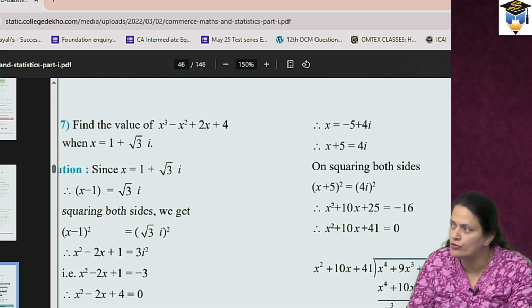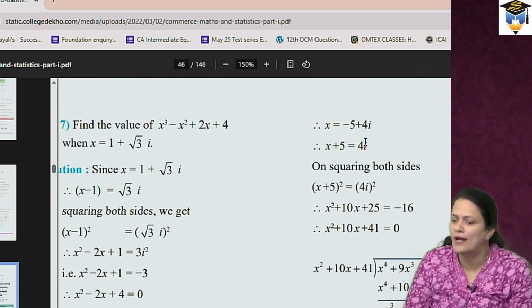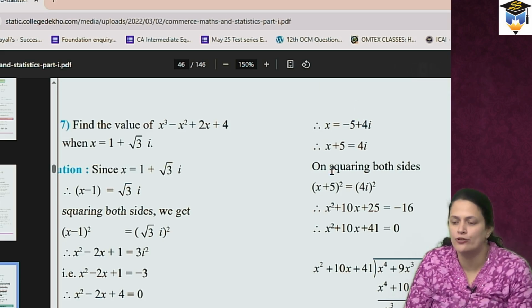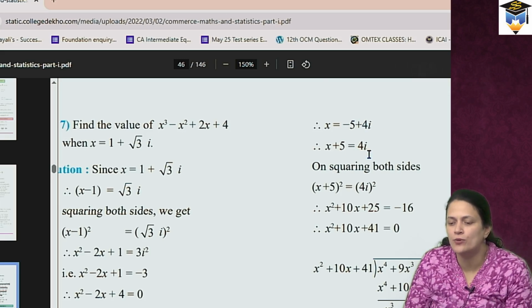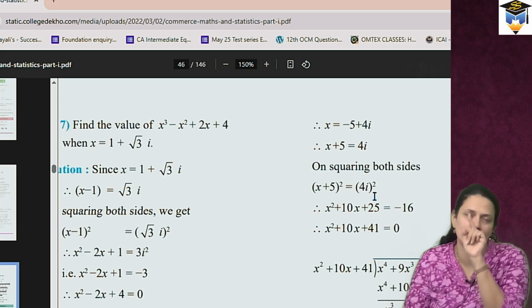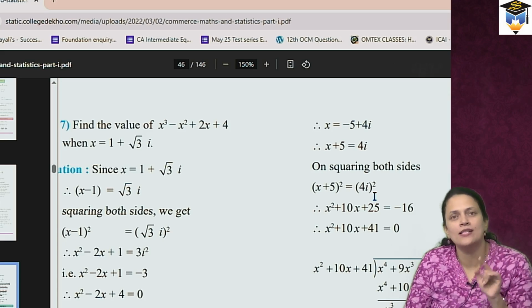Online students, I am going to show you, but before that please write this down. x is equal to minus 5 plus 4i, or what they have done is they have taken 5 to the left hand side, so the sign is going to change. x plus 5 is equal to 4i, and then squaring both sides. Square root of minus 4 is written as 4 into square root of minus 1, so the answer is 4i, because i is nothing but square root of minus 1.